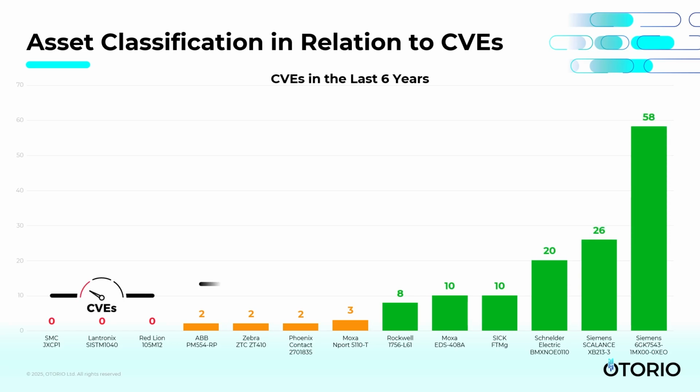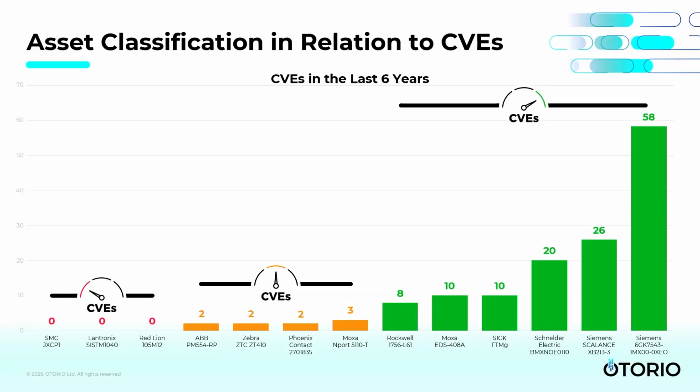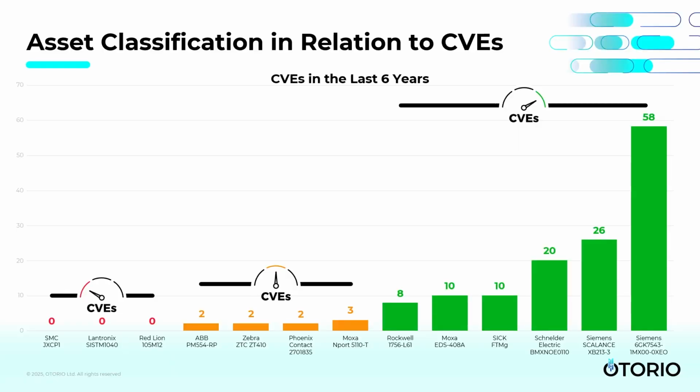Additionally, we said, let's try to give some asset classification in relation to CVEs. So we categorized three different categories. I'll start on the right one. We have the category where they have a lot of known CVEs, and you have there Siemens, Rockwell, Schneider. It means that they take security seriously. Then we saw the second group that has between 1 to 3 vulnerabilities.